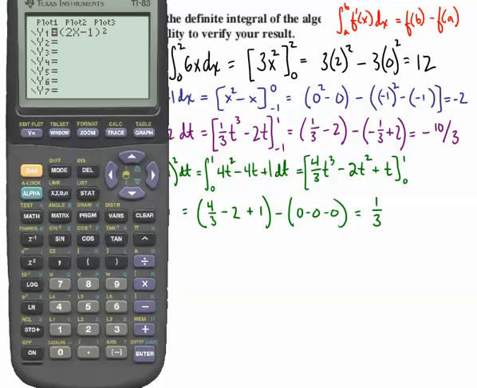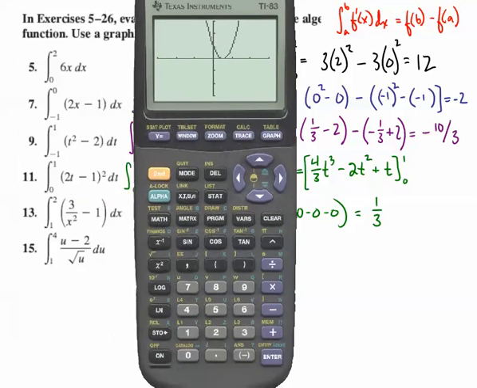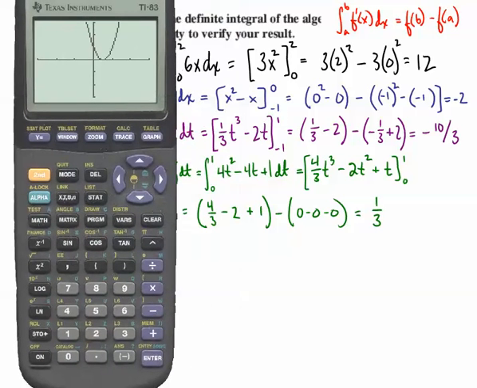And so we start with 2x minus 1 quantity squared, and perhaps our window from the last one will be fine. It's from negative 3 to positive 3 for x's, negative 3 to positive 3 for y's, and we'll go ahead and graph this. And we want our limits of integration to be from 0 to positive 1.